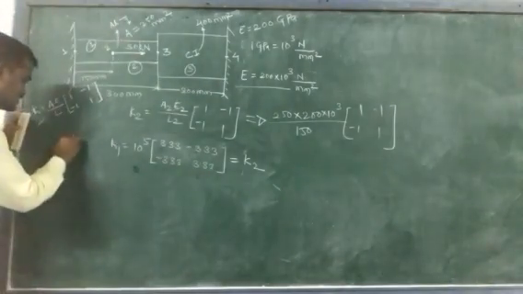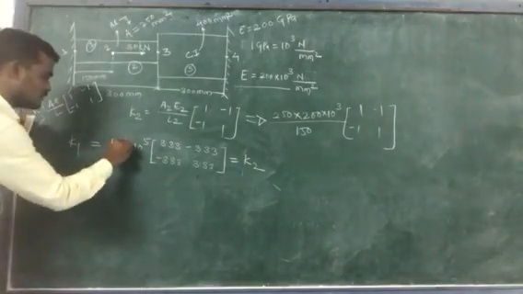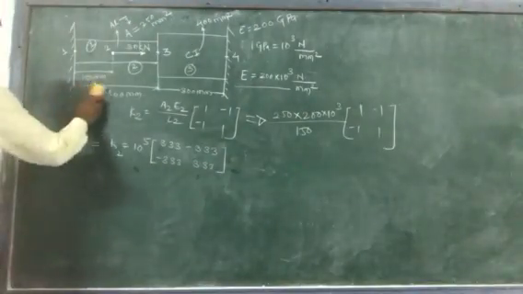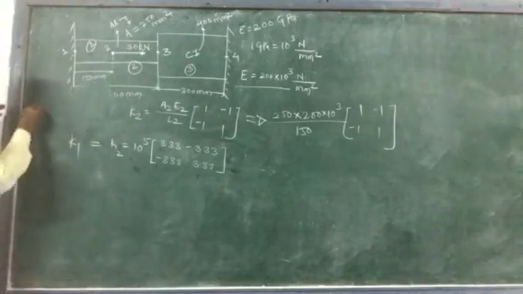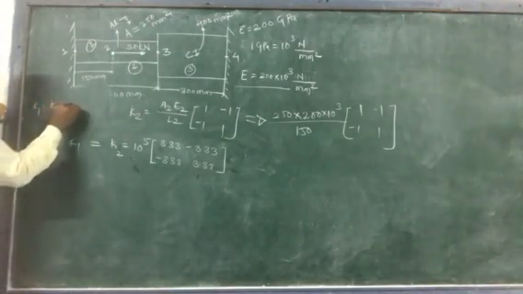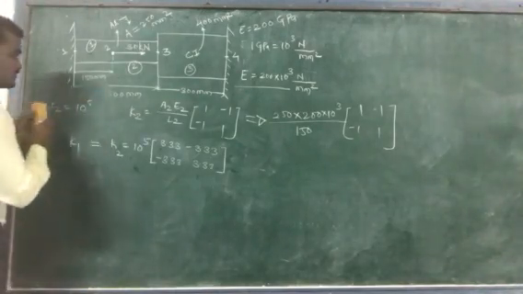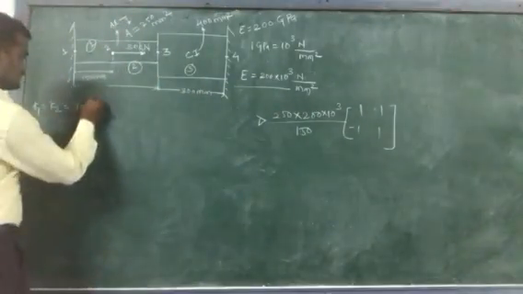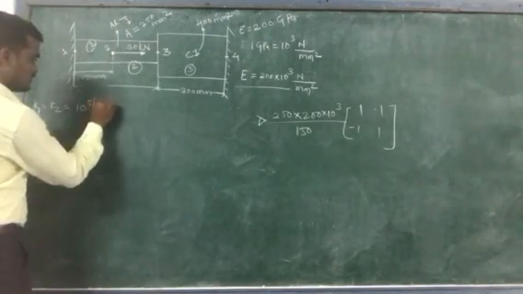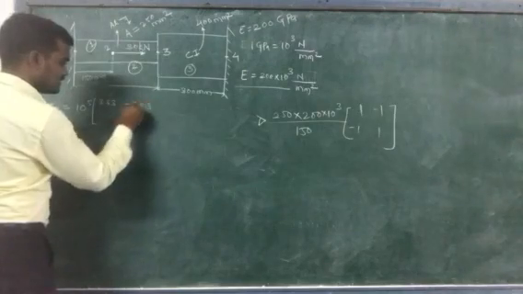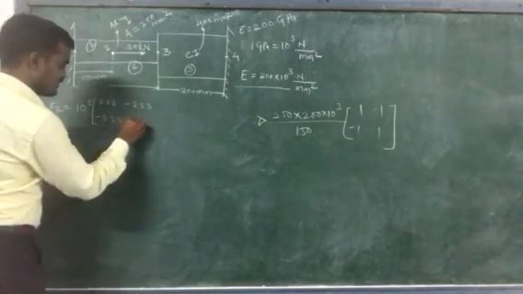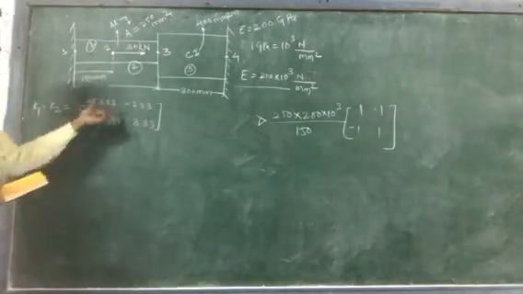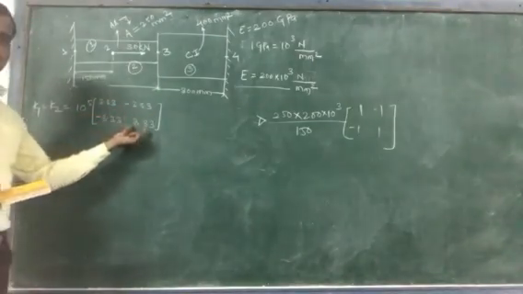So K1 is equal to K2, equal to 10 raised to power 5 times 3.33 minus 3.33, minus 3.33 3.33.